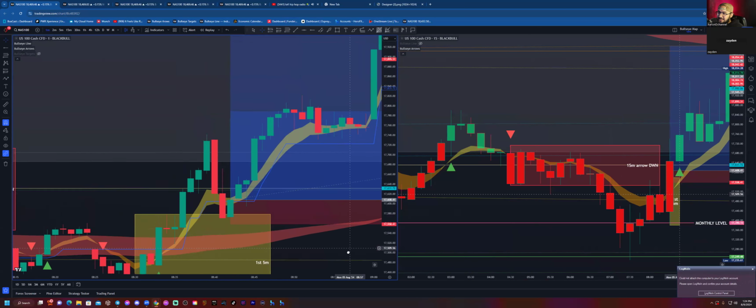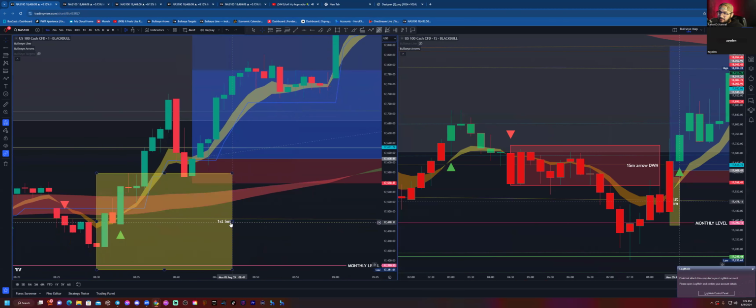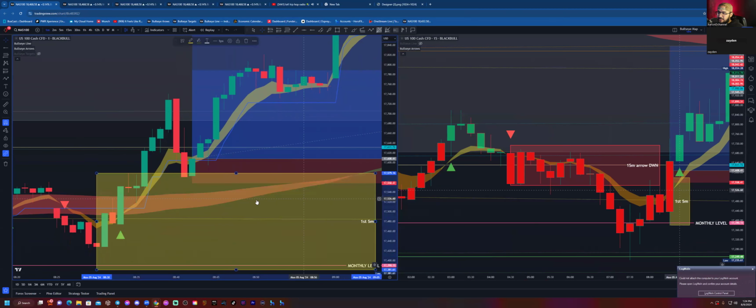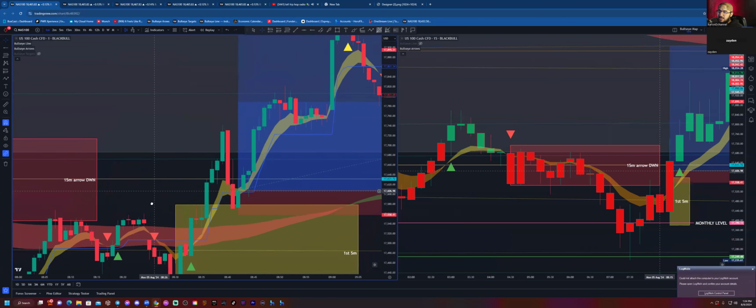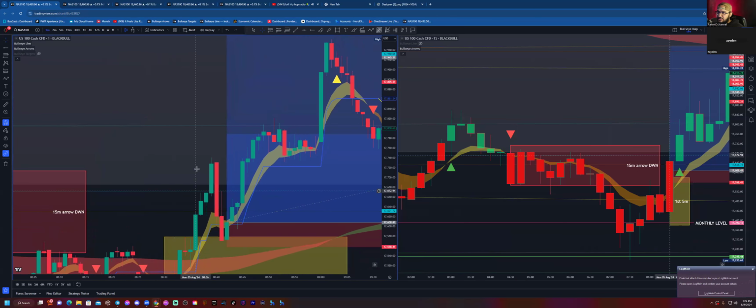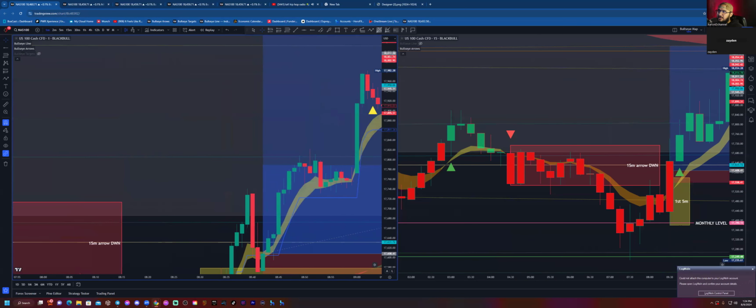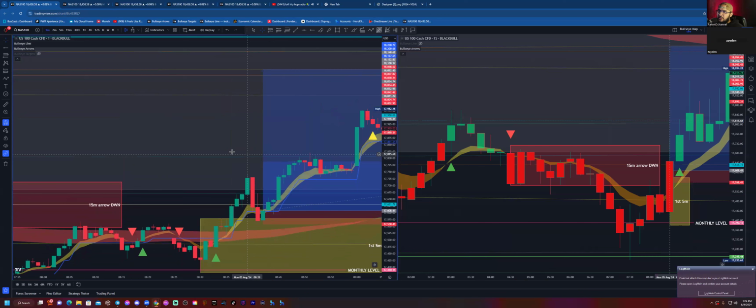Now, taking this buy out of the first 5-minute range means I'm going to target, because we're entering into the 12-hour gray box, the whole entire 12-hour gray box.